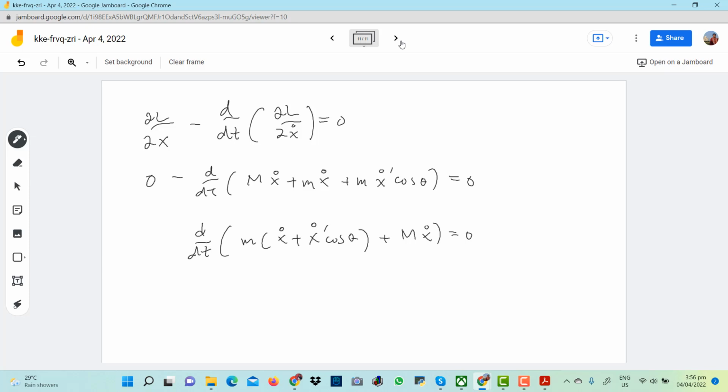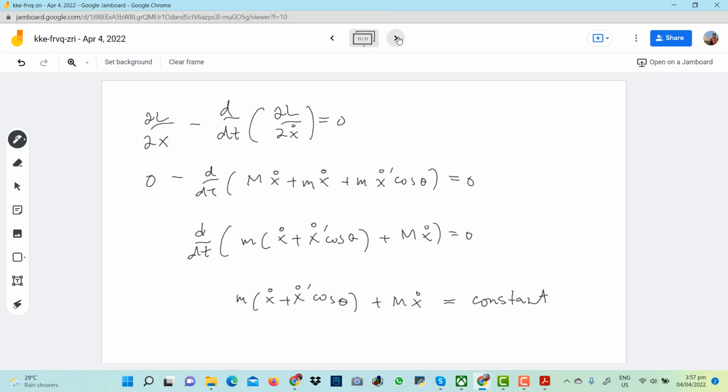That's the equation of motion if we do the Lagrange equation with respect to x. So this one must be constant. If the derivative is 0, then this must be constant: the cosine of theta term plus m x dot must be constant, because the derivative of a constant is equal to 0.